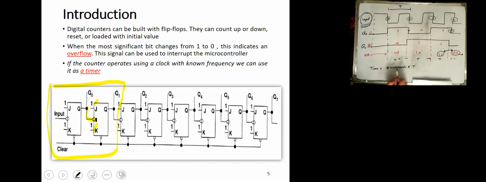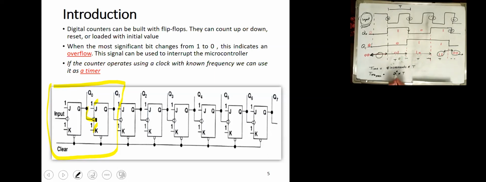So if the number of increments is 1, then this implies that only one period has elapsed. If the number of increments is 1, 0, then the time that has elapsed is this. If it is a 3, then it is this time, and so on. Okay, so what is the maximum time that can be measured by any counter? Basically, it is 2 to the power n times T.